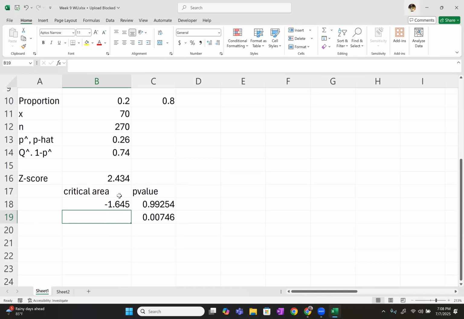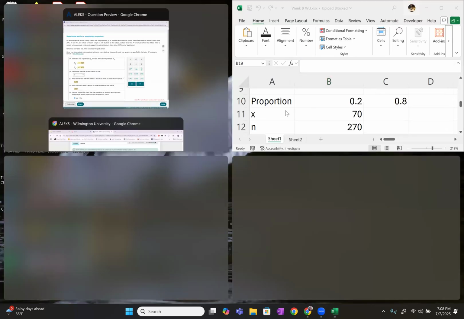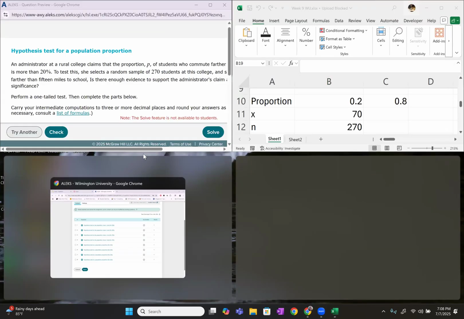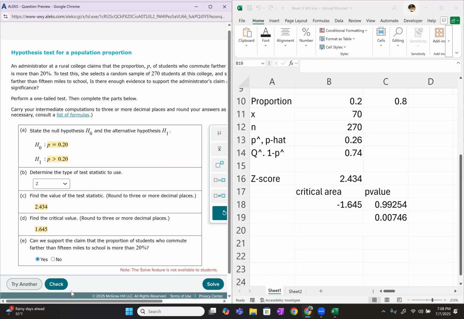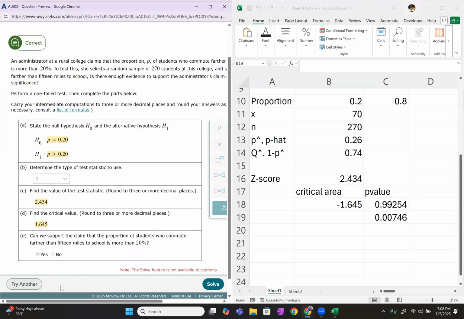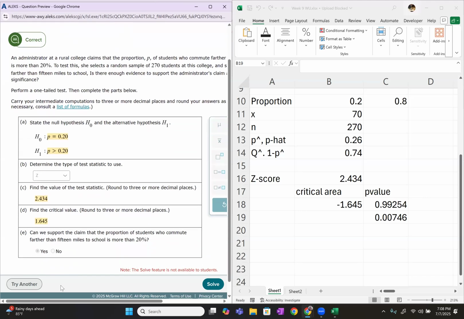Very small p-value. Okay. So this being our data, let's check our values and let's see if we are correct. We are correct.